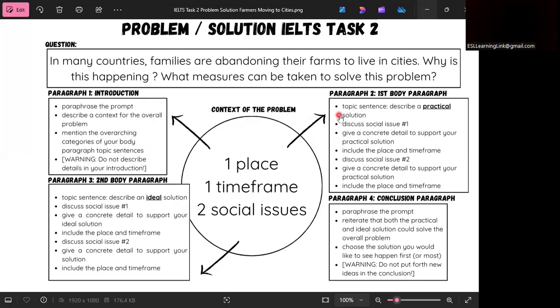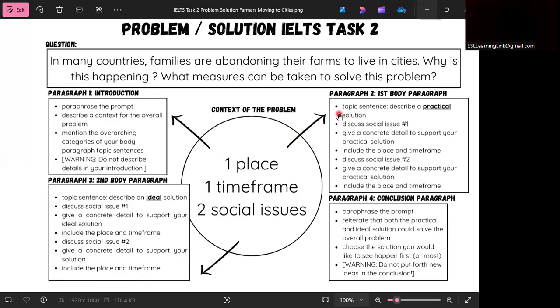And I do recommend that you have a practical solution for the first body paragraph and an ideal solution for the second body paragraph. It allows you to maintain your consistent context and maintain your consistent issues, right? Consistent place, consistent time, consistent social issues.